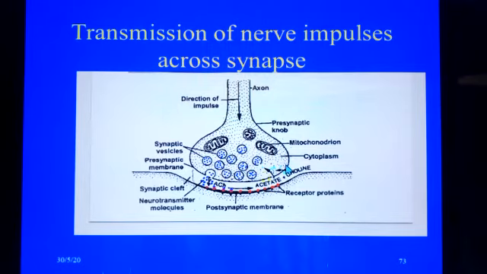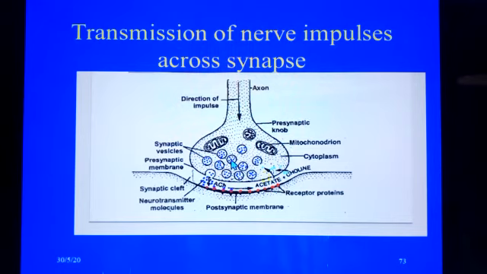And at a point they reach the membrane of the terminal dendrites of a nerve. Once they reach it, the synaptic vesicles rupture.